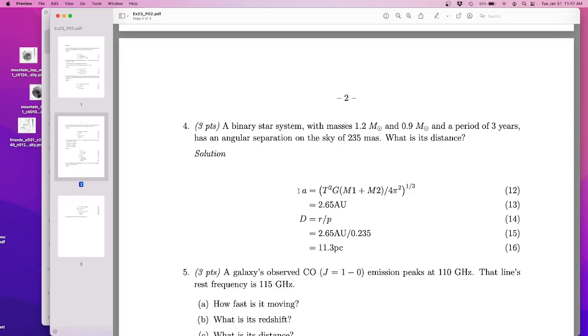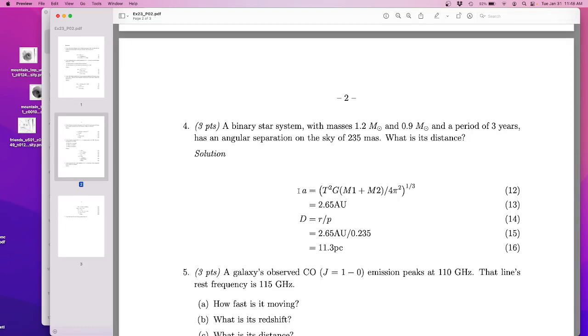A lot of you had trouble with units. The basic idea is we need to find out how far apart they are using the period, using Kepler's law. And then we use geometry, which is just, again, the distance over the parallax to find the distance.